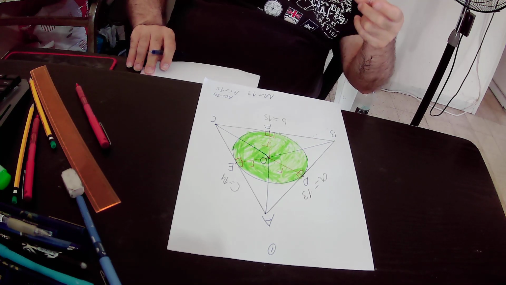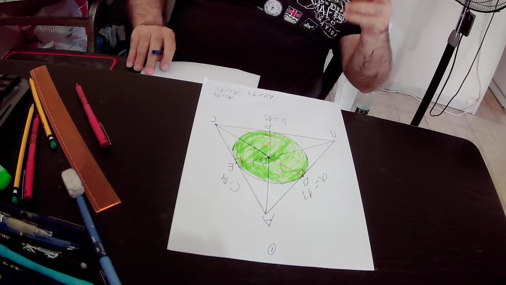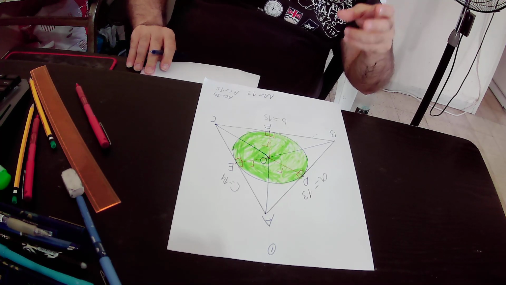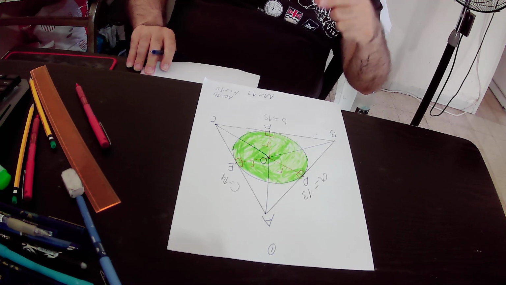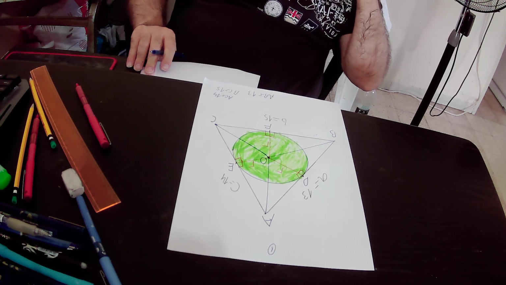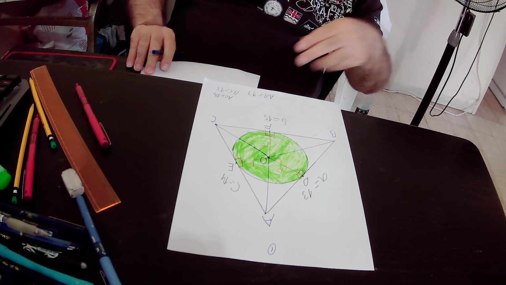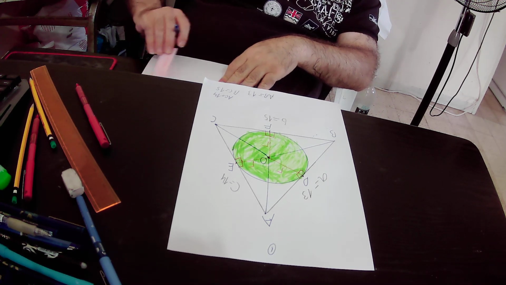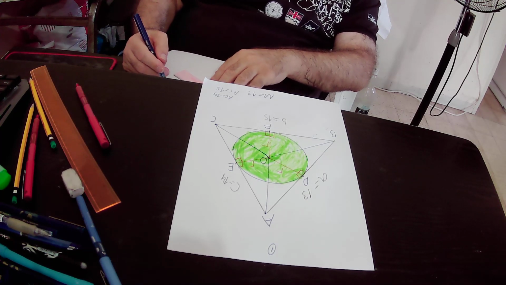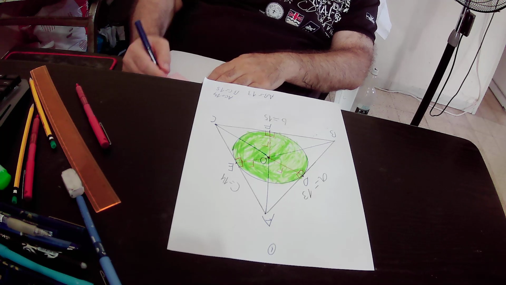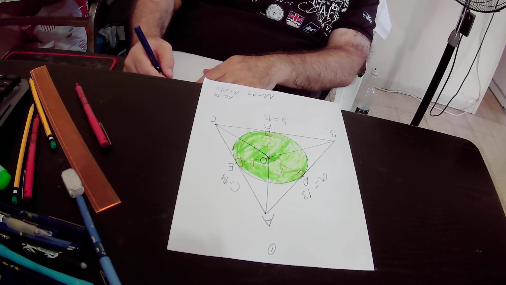So the area of triangle ABC will be the base, that is 14, times the height, that is 12, over 2. 12 over 2 is 6, and 6 times 14 equals 84 square units. That is the area of triangle ABC. So first of all, we will divide triangle ABC into two right triangles.